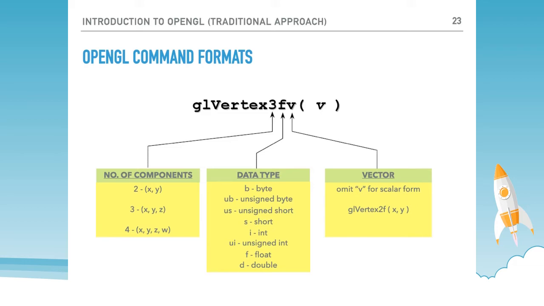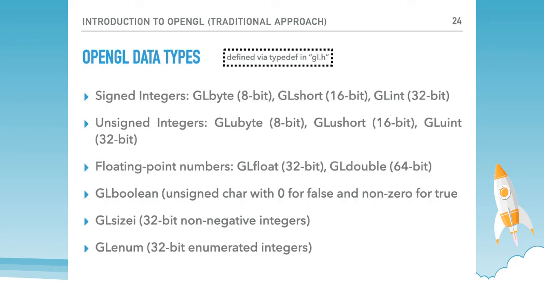Without the v, it means it's a scalar, and you can have different kinds of data types in OpenGL, which are defined in the core OpenGL library. You can use signed integers, unsigned integers, floating point numbers, boolean, size, and enumeration.